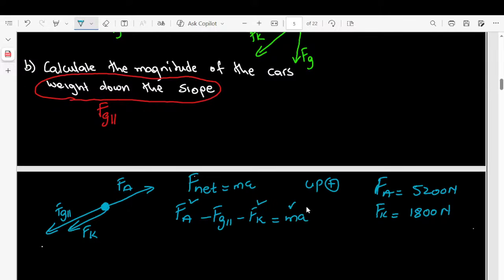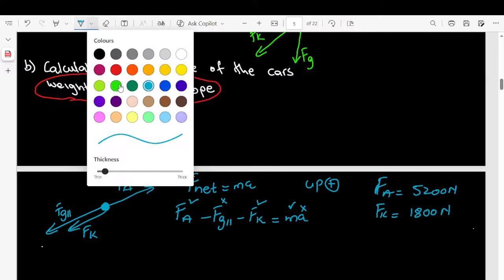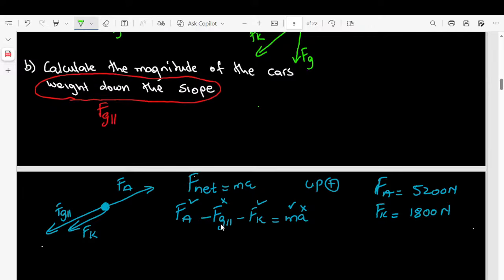Do we have the mass? Tick. But do we have the acceleration? No. So now look at this. We have 2 unknown variables in our equation. We are looking for Fg parallel, but we don't have the acceleration. Will that work? No. How can we get rid of the acceleration?